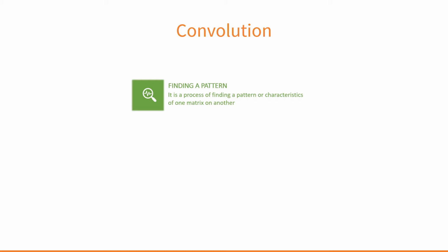So if I want to find a line, or some circle-like feature, whatever we want, we can find the pattern on the image by using convolution. The pattern is a simple kernel matrix and the image is another matrix. By applying convolution, you will get highlights where the pattern is present.